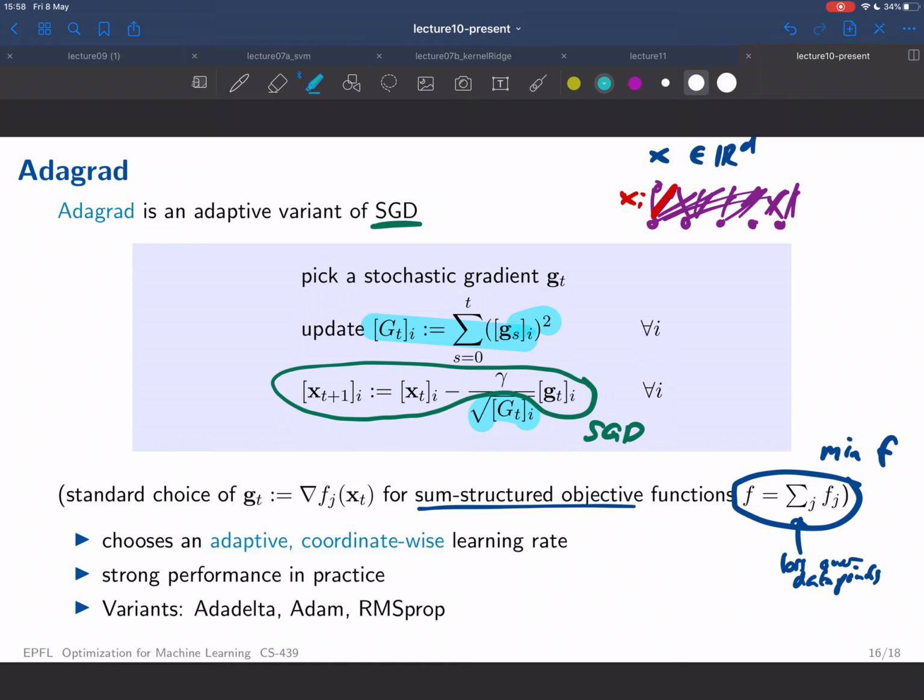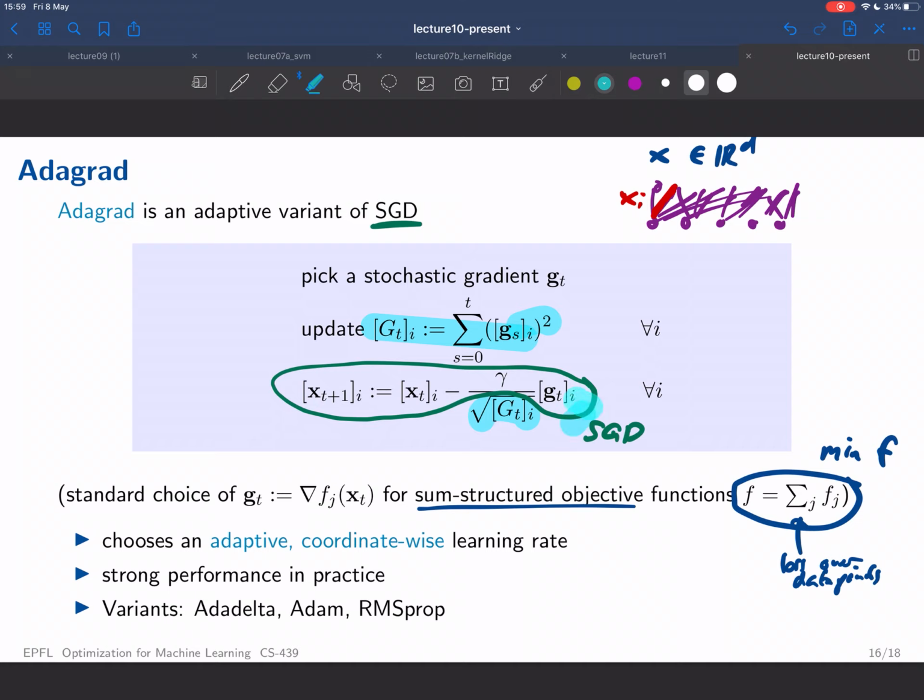We keep track of them, and we sum up all the squares of these gradient entries. G_i is just a number, the gradient of just that single edge. It's done separately for every edge, so just the squares are summed up over time, from now to the past.